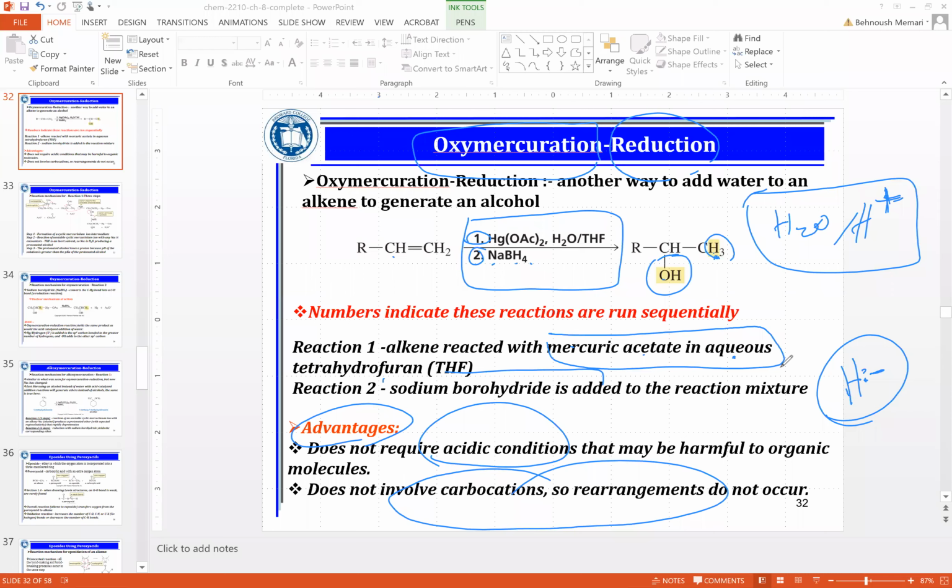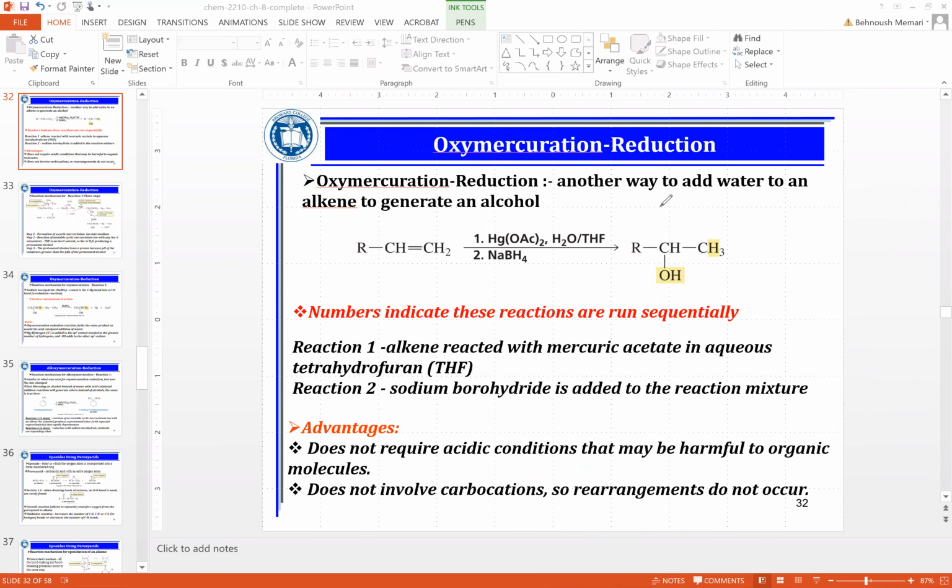You bring the hydride and you reduce that. You're just going to remove the mercury from it and replace it with the hydrogen. But just knowing the net result is addition of water. The final product is an alcohol. The addition is Markovnikov addition. There is no chance for rearrangement. Those are a lot of information that can help you to answer multiple choice questions.